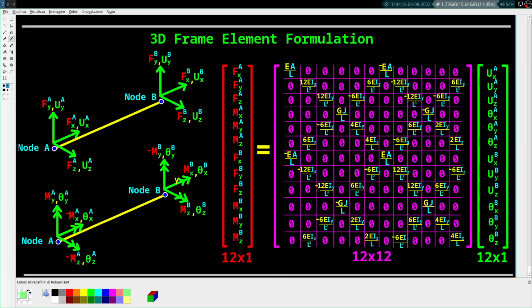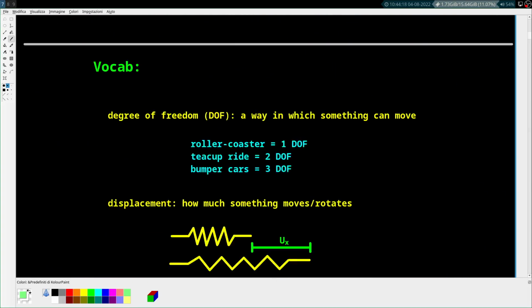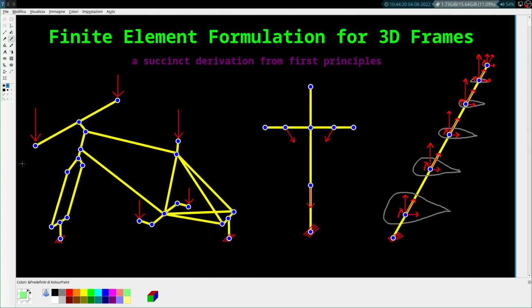So going back to that bike, you can apply a force, or you can say, hey, I'm going to turn the handlebar this many degrees, or this many inches, or we're going to push the seat down this much, whatever you want. You can apply actual degrees of freedom, or you can apply, for example, this degree of freedom here is set to 0. The displacements are all zeros, and the rotations are all zeros. So you have 6 degrees of freedom that are all 0 at this node here, right?